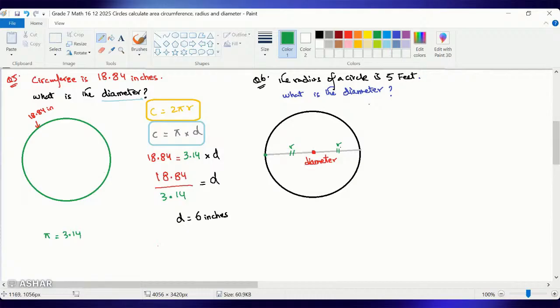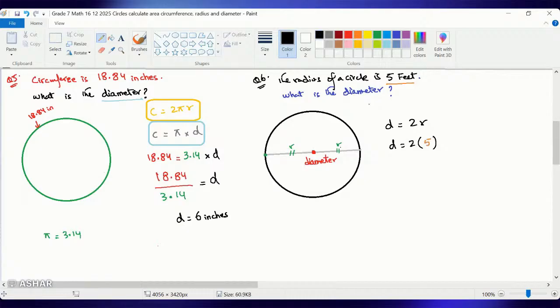And we also know that diameter is twice the radius. So if the radius is given to us, that was 5 feet, can we find the diameter? Can we say diameter is twice the radius? And the radius was 5.